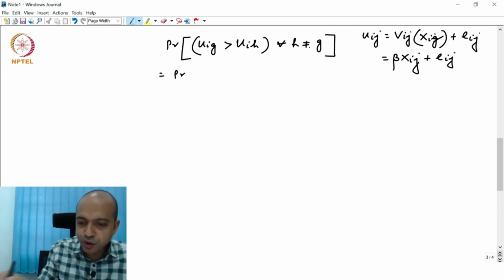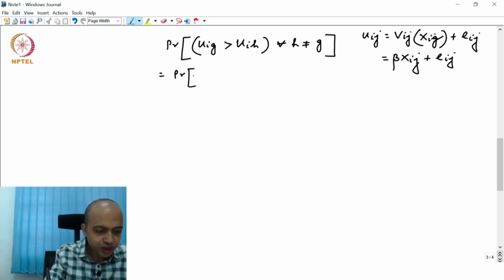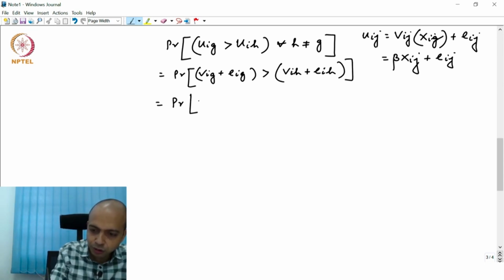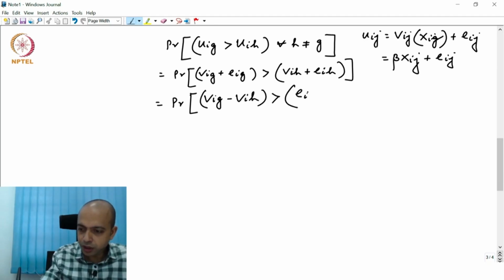So that means this probability is nothing but, if we write, Uig is nothing but Vig plus Eig, which should be greater than Vih plus Eih, which is nothing but the probability that Vig minus Vih is greater than Eih minus Eig.